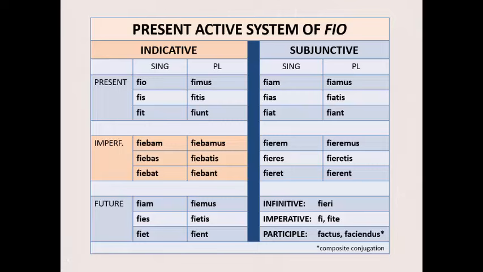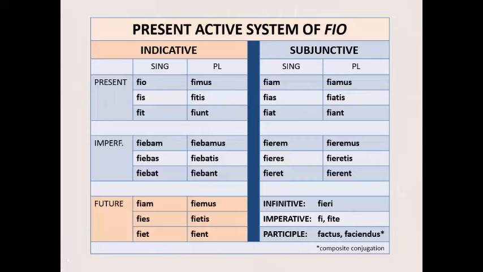Fiebam, fiebas, fiebat, fiebamus, fiebatis, fiebant, I was becoming, you were becoming, etc. Note the IE thematic vowel, as if fio were third IO or fourth. And if you assume that, the future is completely predictable. Fiam, fies, fiet, fiemus, fietis, fient. I'm pretty sure I don't need to translate these for you.